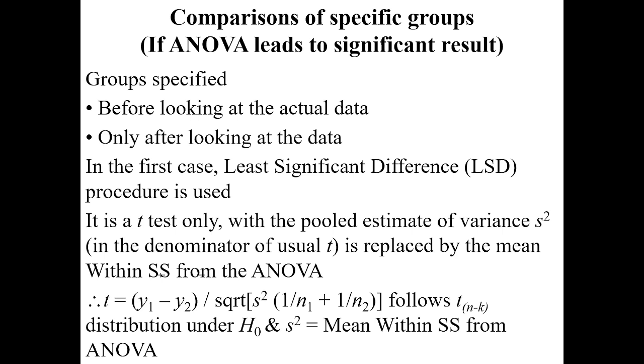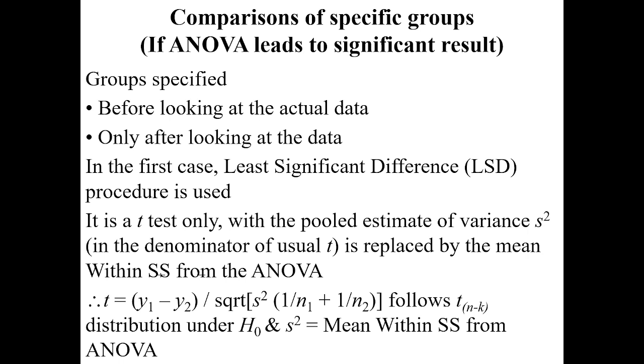The numerator, that is T, is y bar 1 minus y bar 2, that is the difference of means, divided by the square root of S square into 1 by N1 plus 1 by N2.